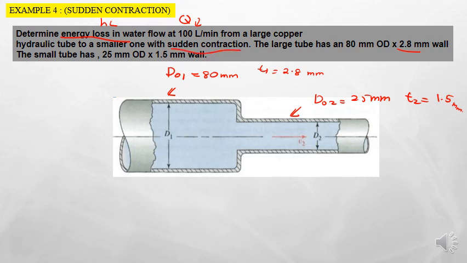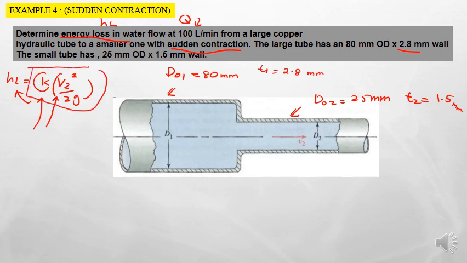So for sudden contraction, we know that in order to calculate the HL, we have to know the K, and then we substitute into the equation, and then we can get our HL. So let's see how we can determine the K value and the V2 value before we can substitute into this formula to determine the HL value.